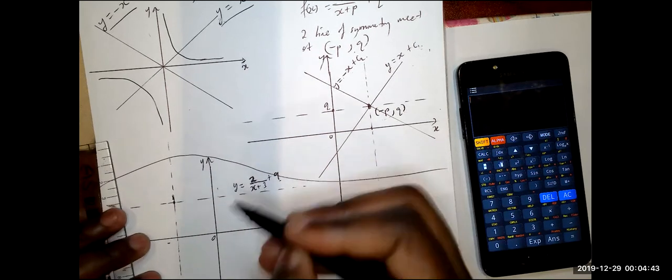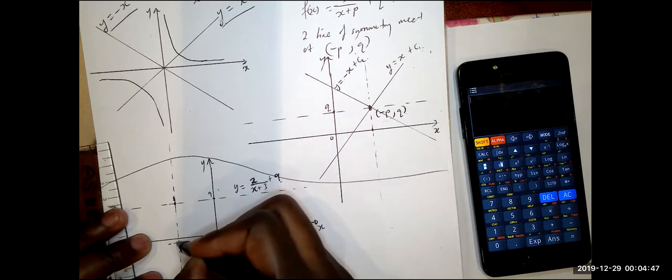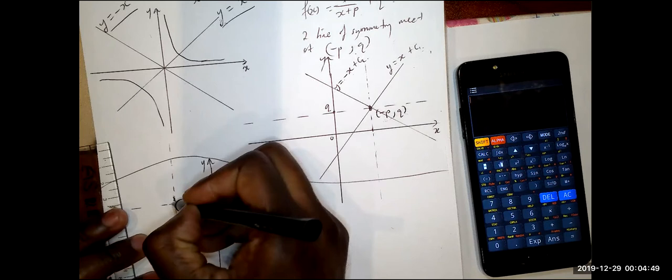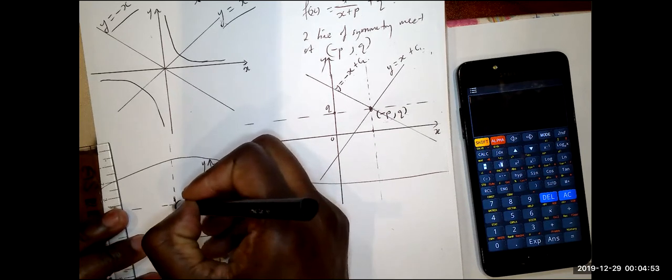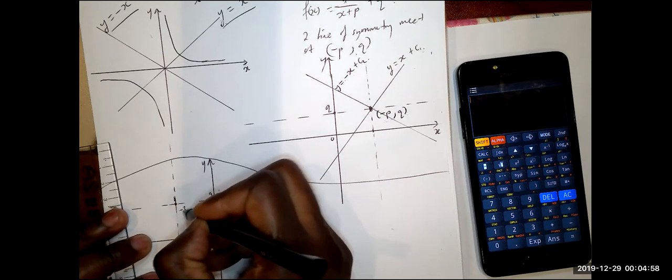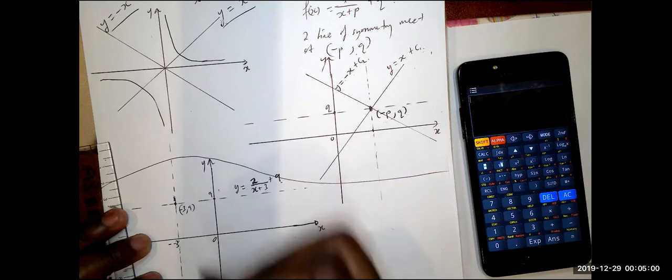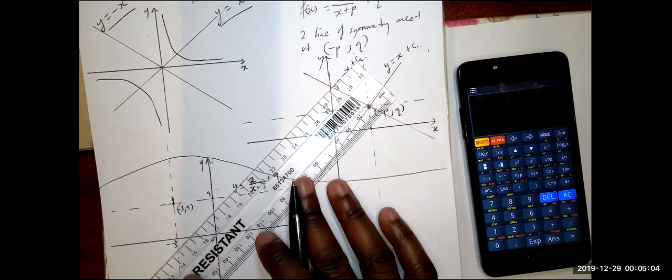So what we have here is 9 here, and negative 3 here. So in other words, the coordinates for this point here are -3 and 9.